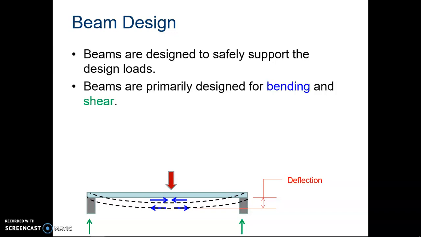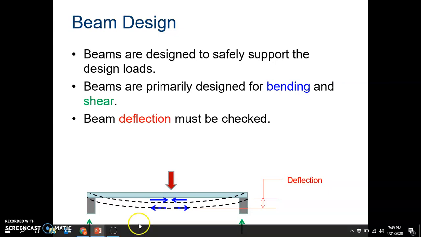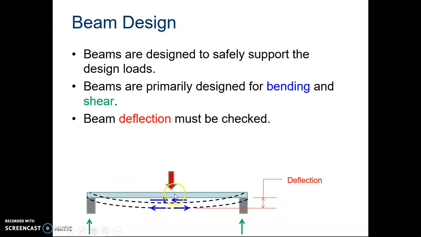So beams are designed to be able to handle bending moment and shear. Do those sound familiar from what we did a few weeks ago? They should. This is where the moment and shear diagrams come into play. So that's two ways of failing. The last way of failing is deflection. Deflection is when the beam gets loaded and bends, that gap right there is how much it's deflecting.